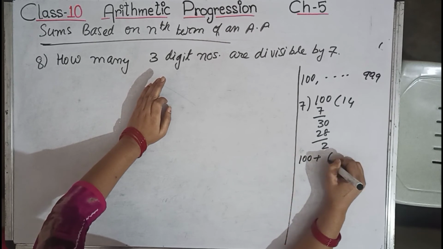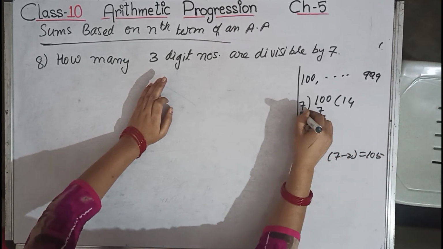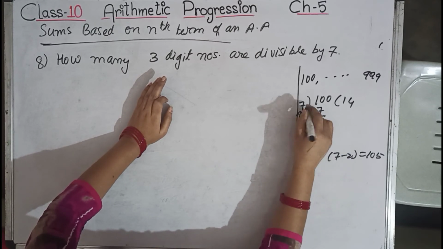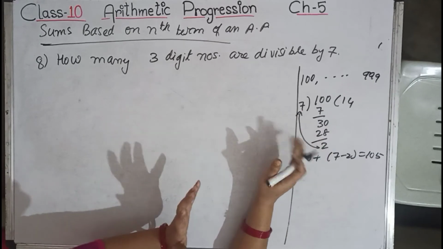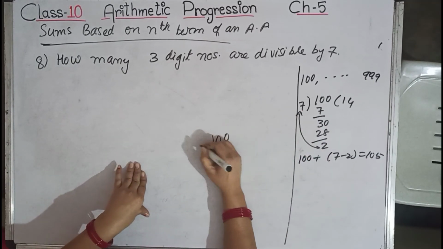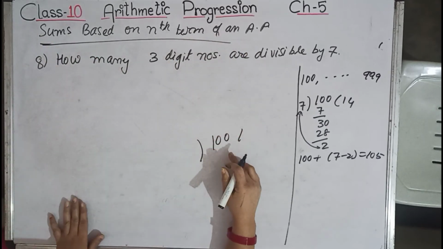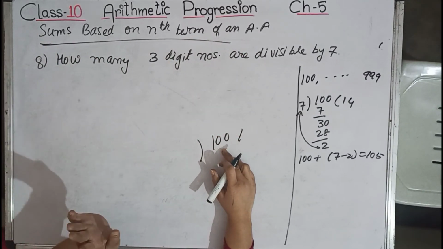So 100 plus of (7 minus 2) equals 105. Remember, this is 7 minus 2. Now the question is: what number should be added to 100 so that it is divisible by 7?